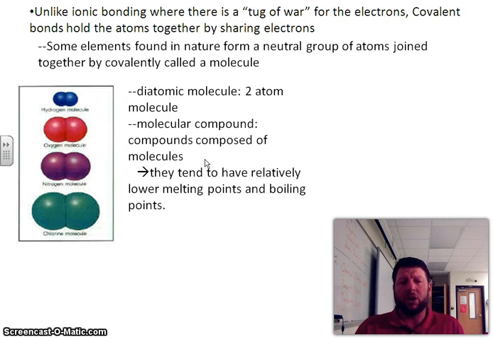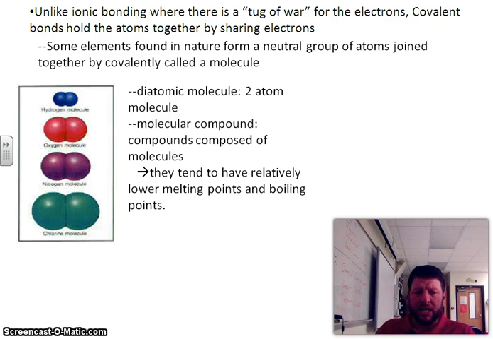Okay, we call what we see on the left-hand side of the screen diatomic molecules. That is because there are two atoms making up a molecule. There are other molecules like H2O, which are made out of three atoms, but when we have two atoms bonded together, we call it a diatomic molecule.